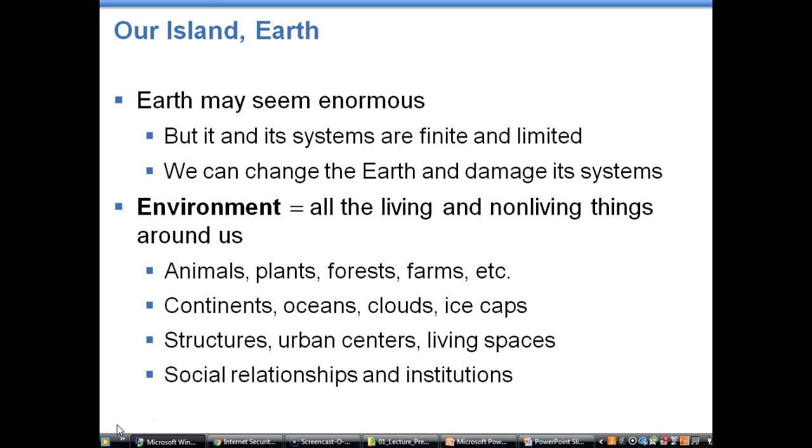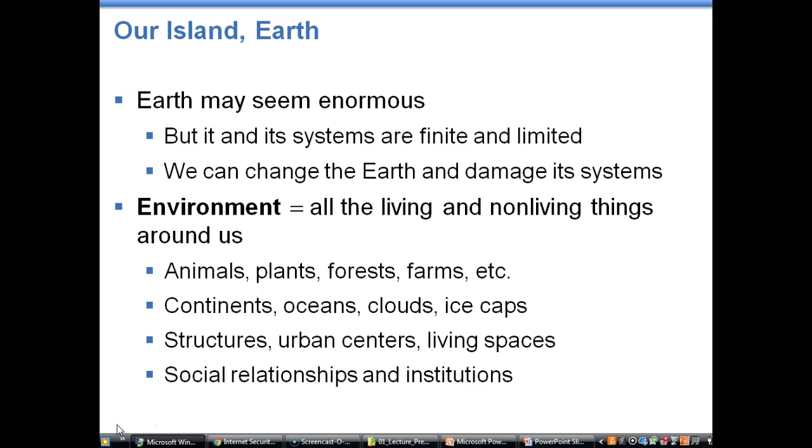We're going to talk about the environment, and the environment is going to be everything. All the living things, all the non-living things, and our interdependencies, if you remember that from biology, on the living and the non-living. So we're talking about our plants, our animals, everything from our forests to the farms to the oceans, our continents.